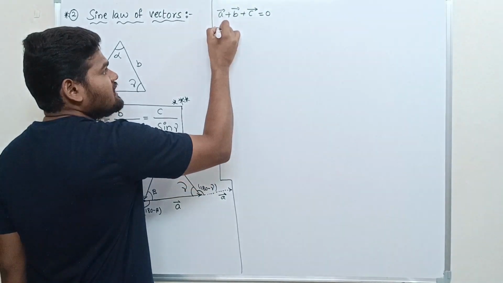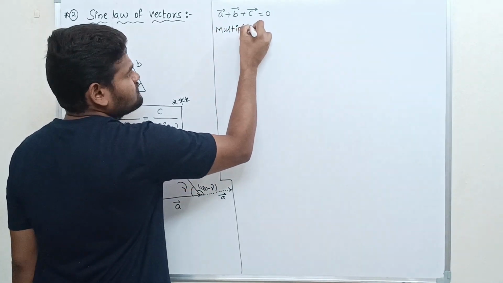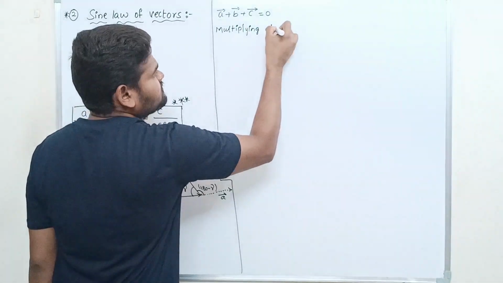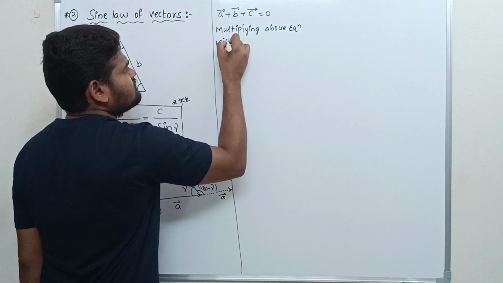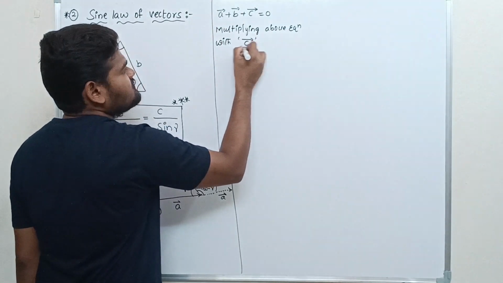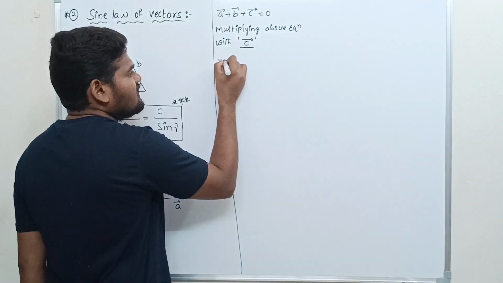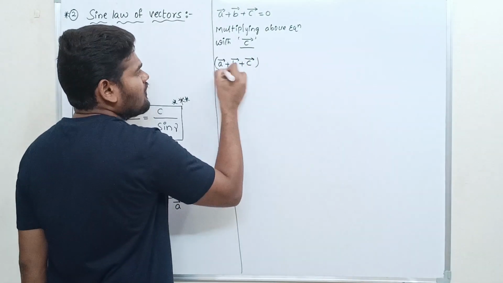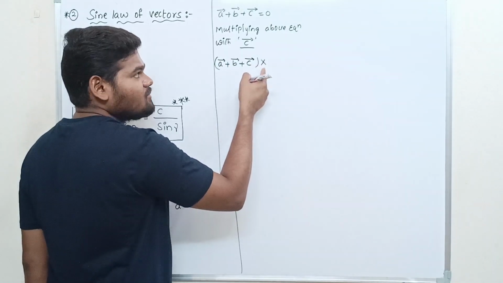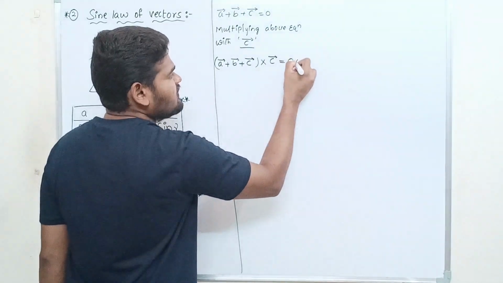I'm multiplying the above equation with the C bar vector. Have a look: A bar plus B bar plus C bar cross, not a multiplication, it is a cross, C bar is equal to 0 into C bar.